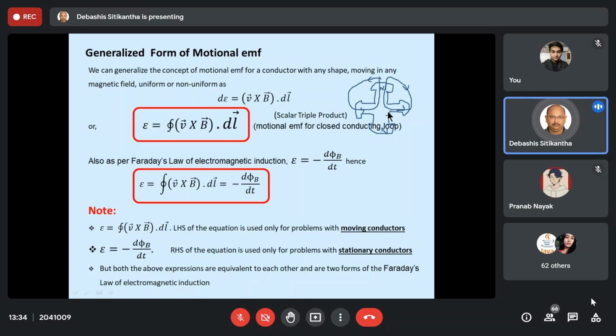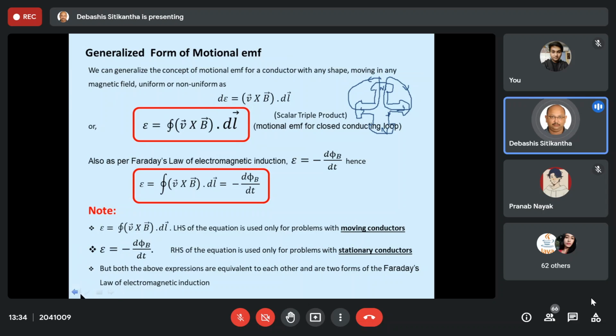For that, we have to write a generalized form of motional EMF. That means we have to write an expression of this motionally induced EMF in such a way that it is going to fit all types of generator construction. So for that, we have written dE is equal to V vector.